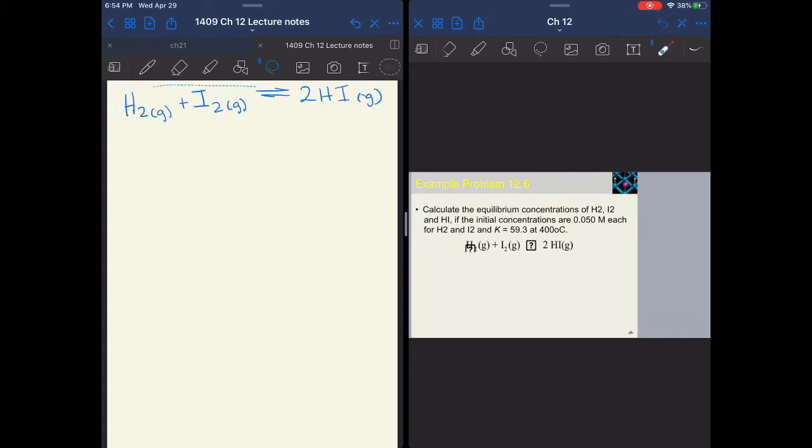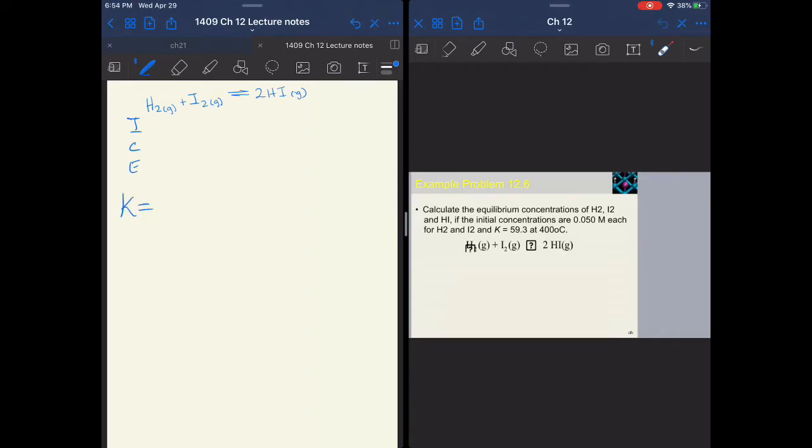Maybe I should make this a little bit smaller so that this makes a little bit more sense. Okay, so we have our balanced equation. Before we make our ICE table, I'm also going to write the balanced equation and the equilibrium expression.